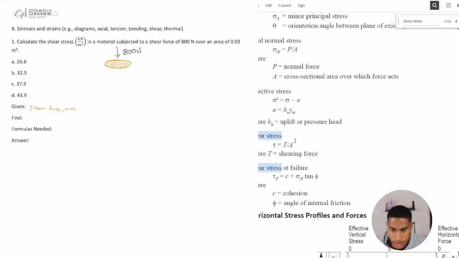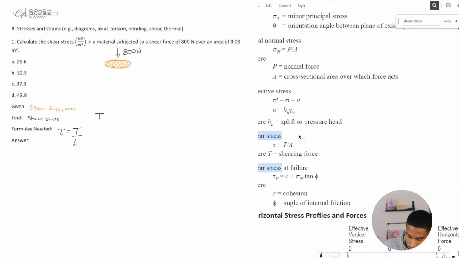So the information that we're trying to find is the shear stress. The formula that we need is shear stress, the weird T, is equal to big T over A. We'll write them out separately because that's confusing.